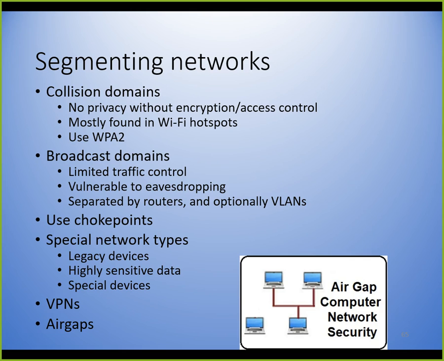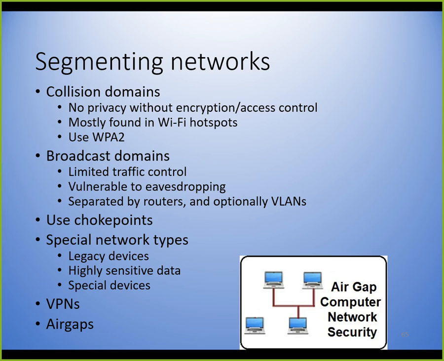Special network types need to have special handling or need to be considered because maybe they're not as secure as we'd like. Legacy devices don't have all the security. If you have the ability to go back and look at, let's say, an XP machine, they're not really secure. We thought they were at the time. We said, this is a great thing and I'm never going to give up XP, but not so good anymore.